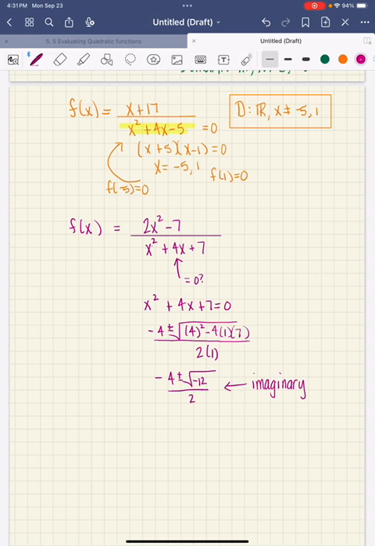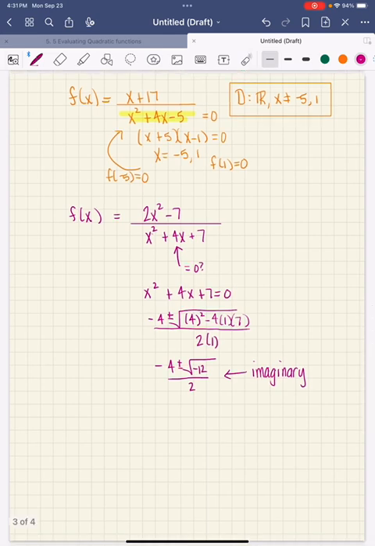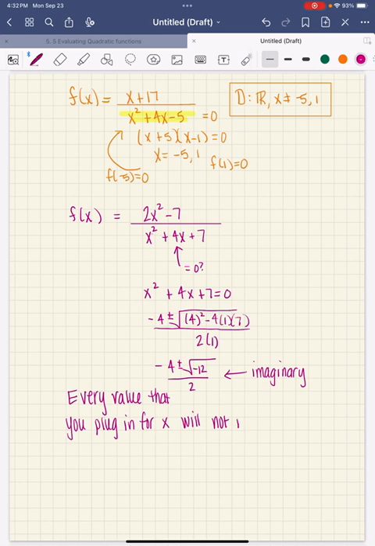So what this means is every value that you plug in for x will not result in 0 in the denominator. x can be anything I want.